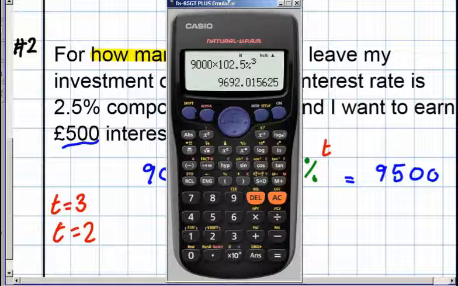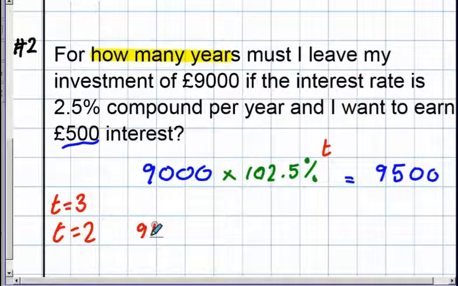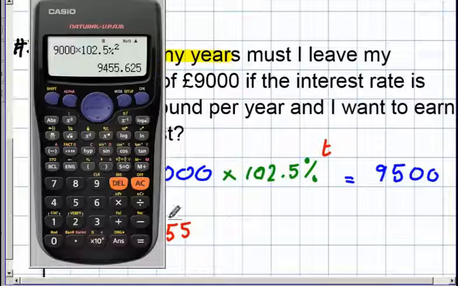Now here's the wonderful thing about these calculators. I don't have to type out the whole thing again, I'm just going to move this little button here. 9,455. So, what's the answer? We'll just go back.